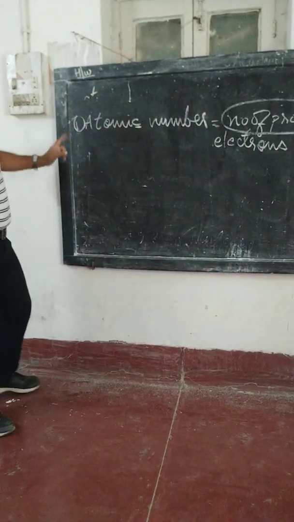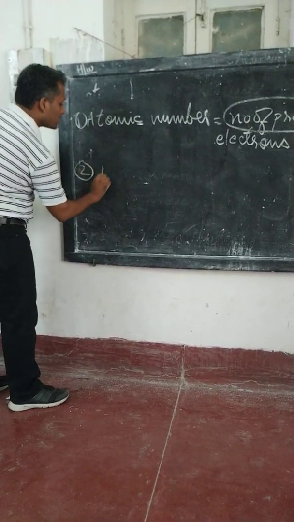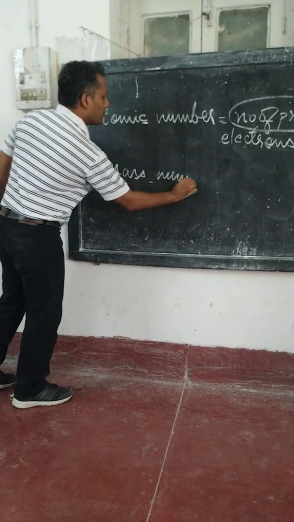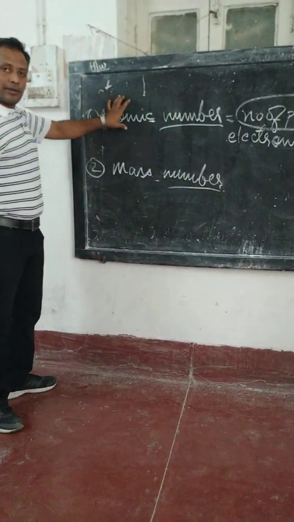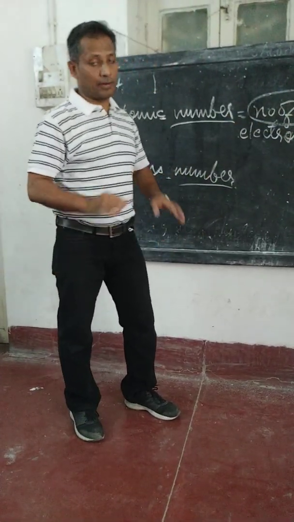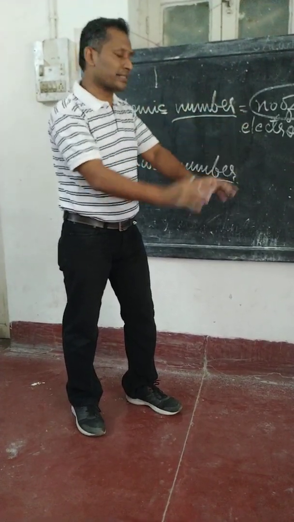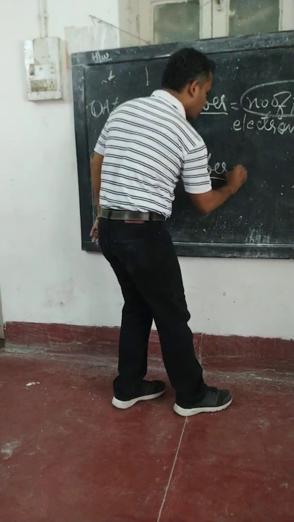That is definition number 1. Definition number 2 is mass number. Both are numbers: one is atomic number, one is mass number. Atomic number is the number of protons, and the number of protons is equal to the number of electrons.